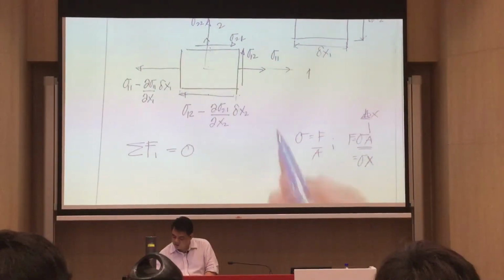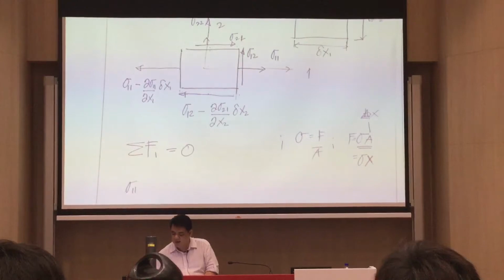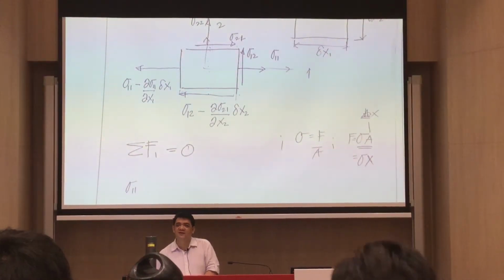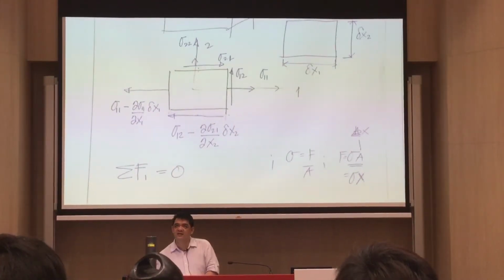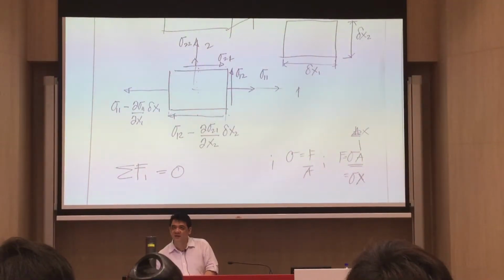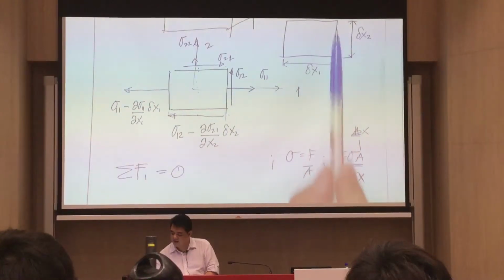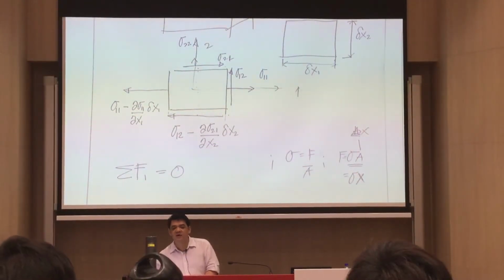This one is along x1, so sigma 1,1 multiplied by the face it's acting on. Where is sigma 1,1 acting? Stress multiplied by the area.